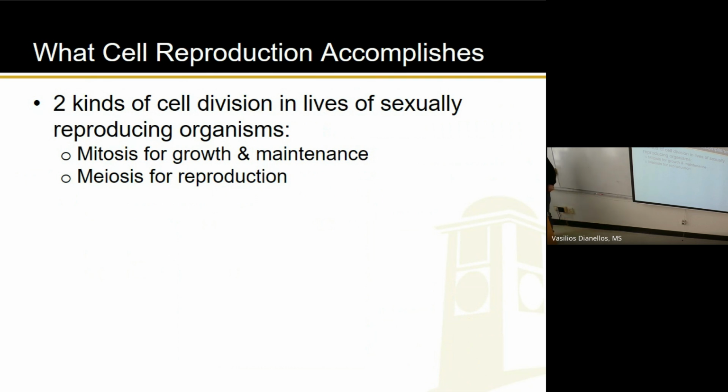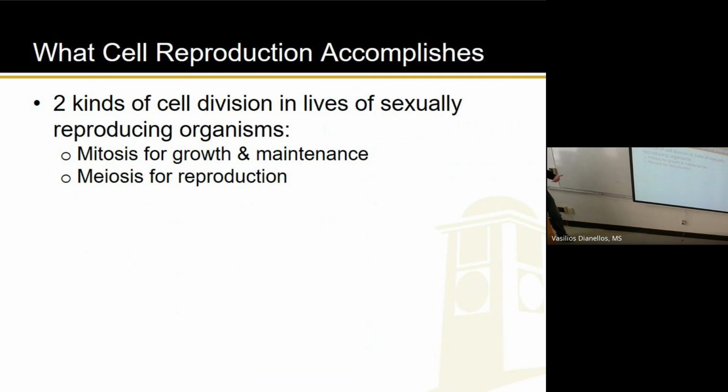But anyway, that being said, let's talk about this slide. The 2 kinds of reproduction that we've just talked about, which are sexual and asexual, are the different types of reproduction. If you're talking about organisms reproducing, humans are sexually reproducing organisms, right?